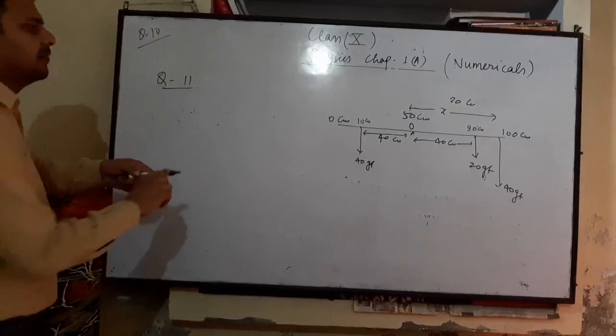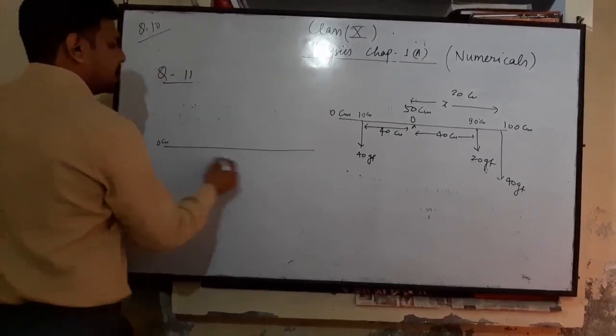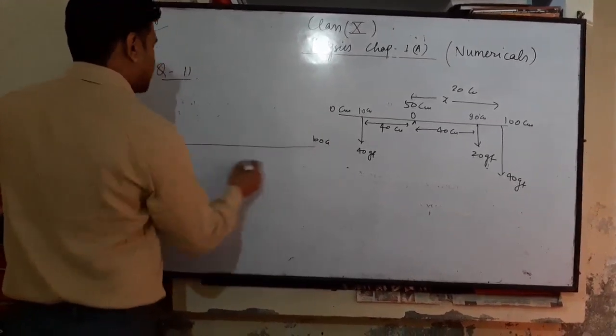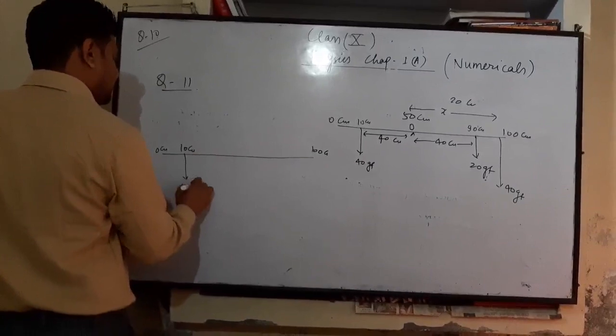The correct figure will be like this. This is the 0 centimeter mark, this is the 100 centimeter mark. At the 10 centimeter mark, we have suspended 40 gram force.